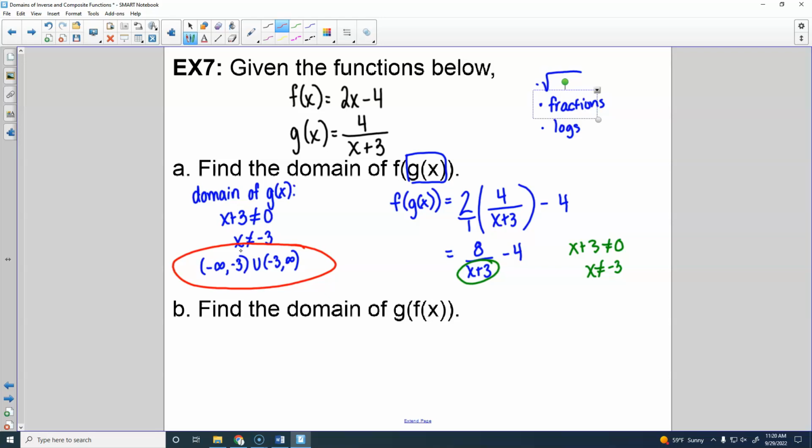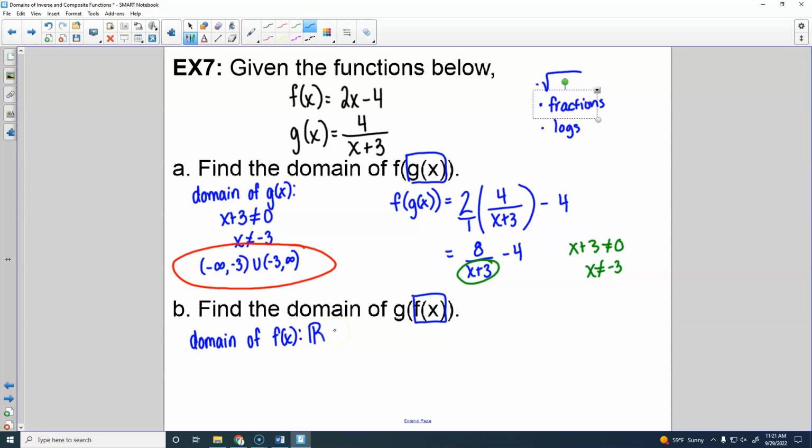A lot of times, f of g of x will only have one restriction, because whatever g of x gives turns out to be the same for f of g of x. But let's think about whether g of f of x is going to be the same. We always look at the inside first. Domain of f of x. What is our domain of f of x? All real numbers.